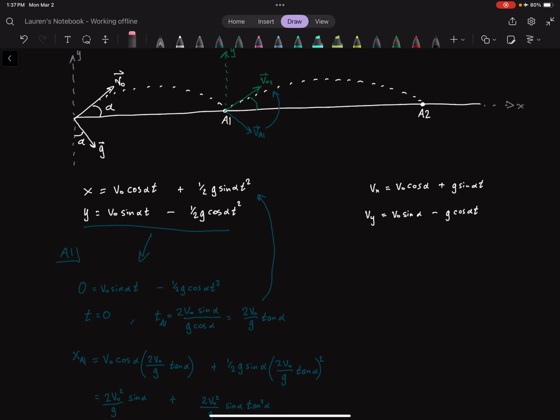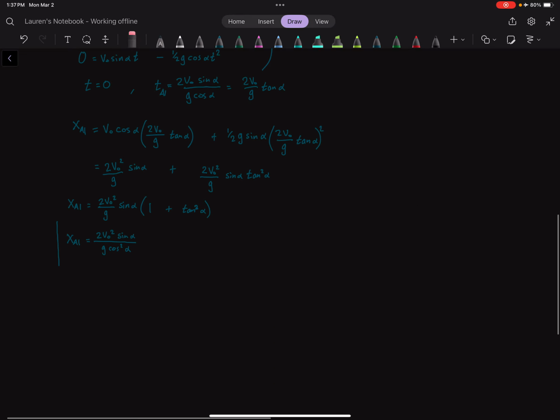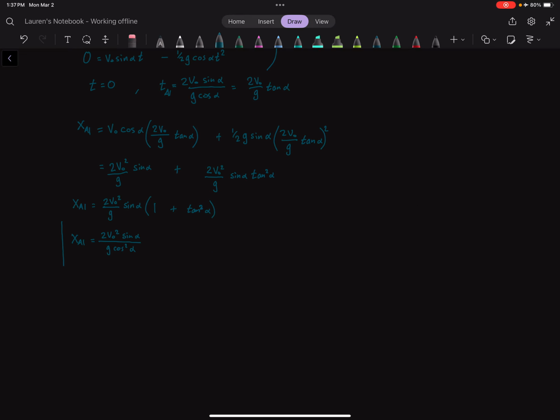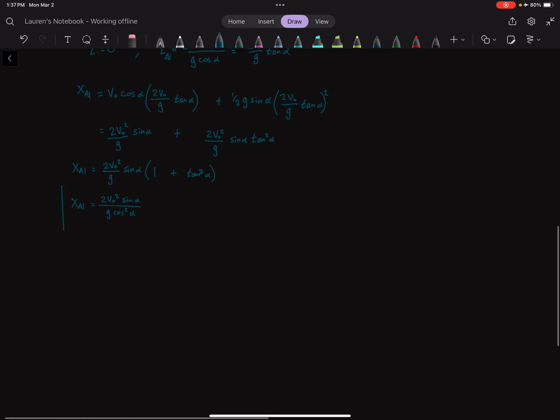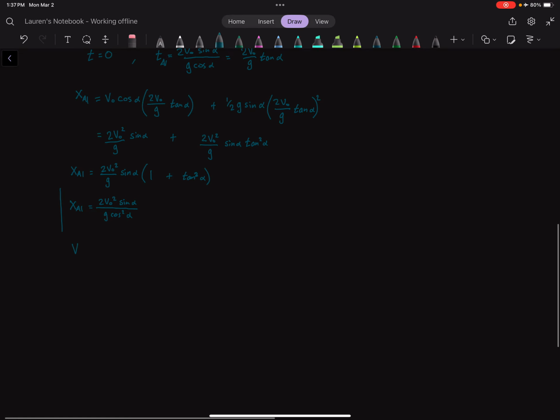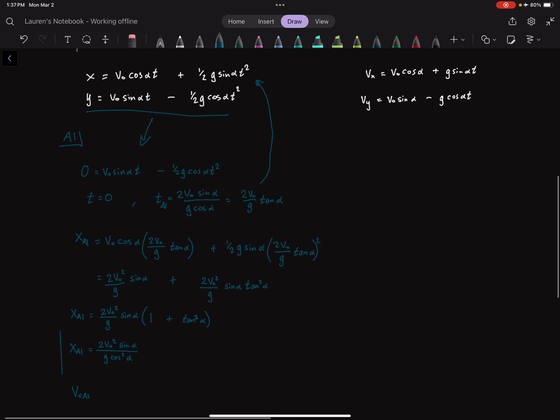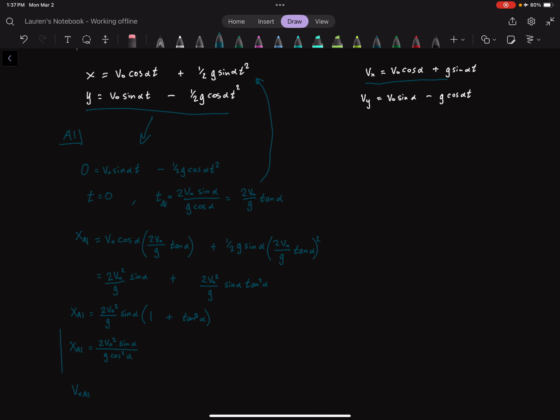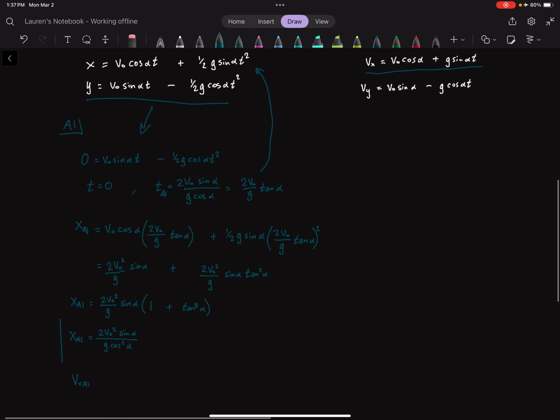So let's go ahead and find Vx. So here, this is still our first problem. So the V at A1, Vx A1 is what we want. So let's look up here to our equation. We're looking at this guy. That's equal to V naught cosine alpha plus G sine alpha times t.